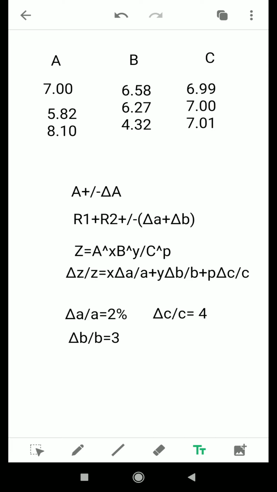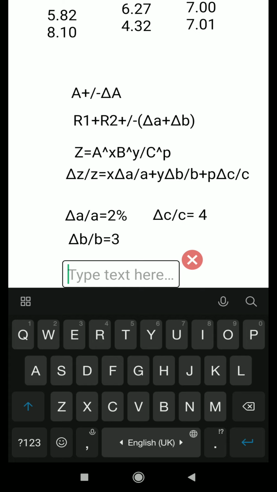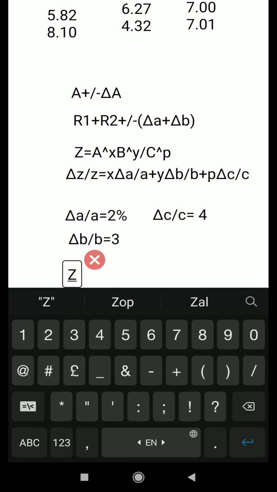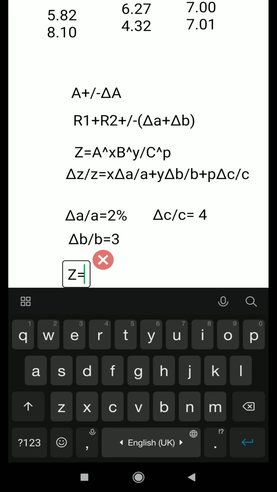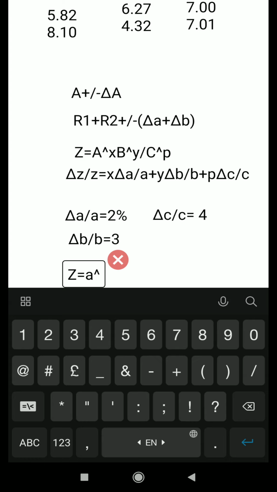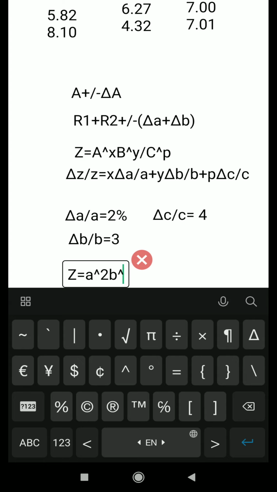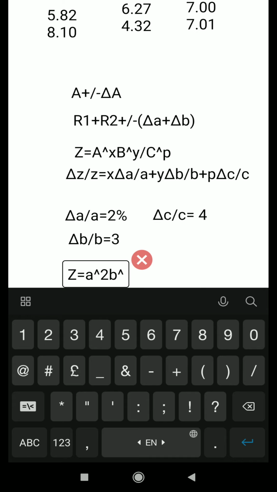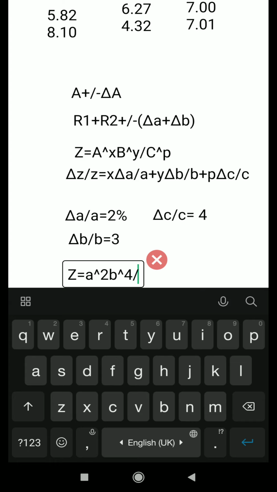And the relationship between Z and A, B, C is given as Z equal to A square B to the power 4 by C to the power 5.